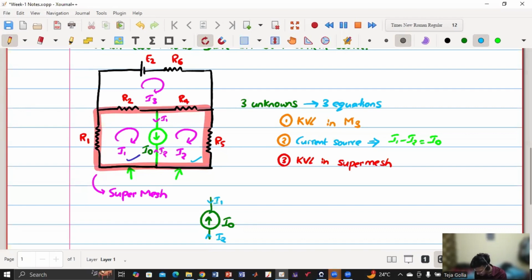So if you consider KCL, I1 current flowing down is equal to current flowing, sorry, not KCL. So I1 is flowing down and I2 is flowing up. So the net current that is flowing up is what? I2 minus I1. So net current that is flowing up, I2 minus I1, should be equal to I naught. So that's how we are getting this.